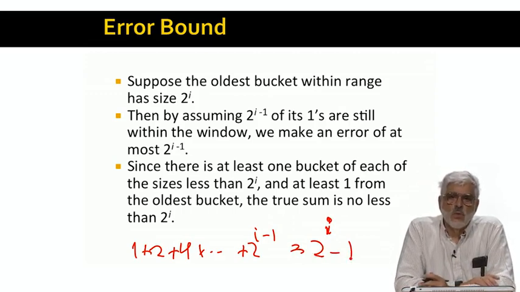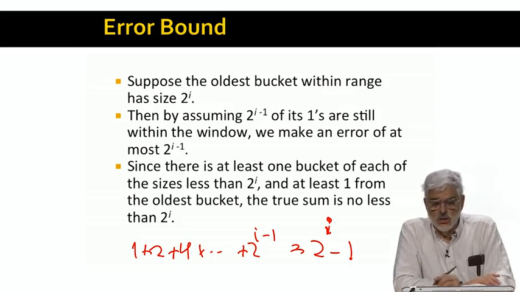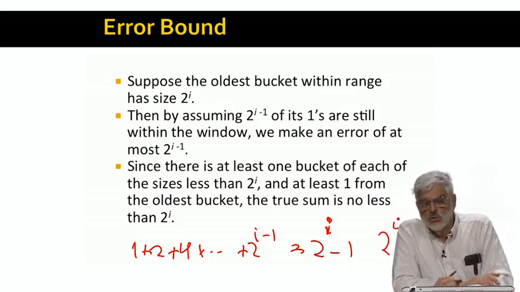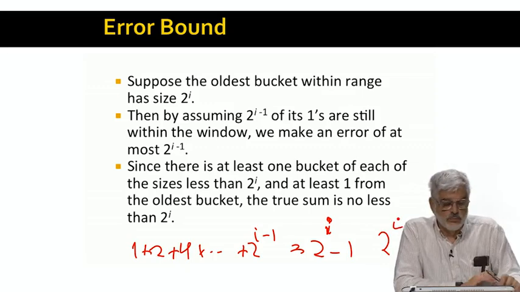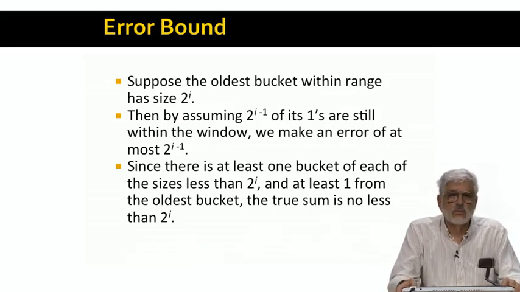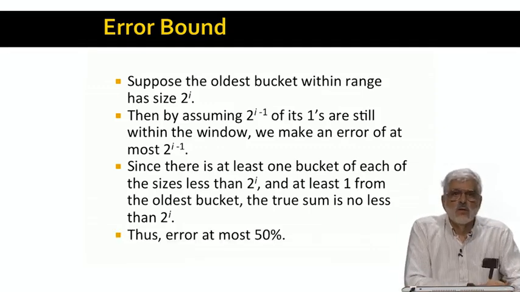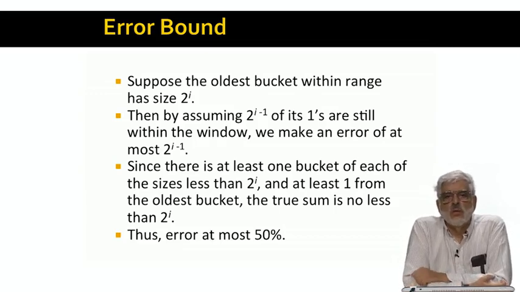Now we add 1 for the 1 that is at the end of the oldest bucket. That bucket has an ending timestamp that's within range, and buckets always end in a 1, so there are at least 2 to the i 1s within the range. Since our error is no more than 2 to the i minus 1, that error is at most 50%.